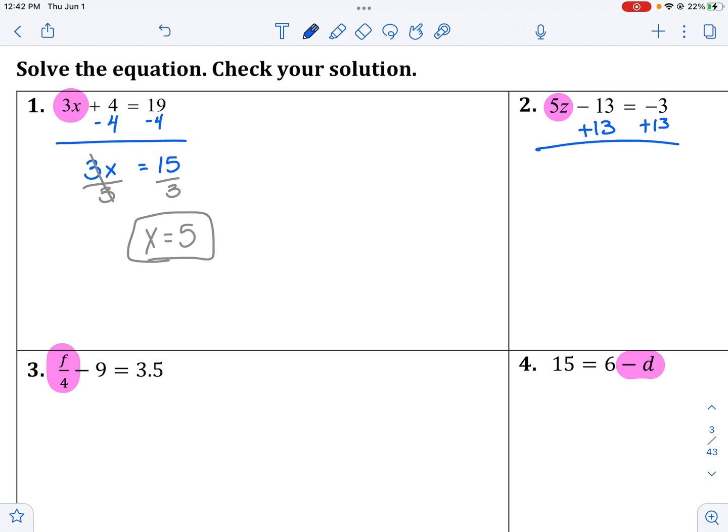A little mental math tip for you: negative 3 plus 13 is kind of hard to do in my head, but I can do 13 minus 3 much more easily. So I can rearrange this in my mind and take that as a positive 13 minus 3, which is 10. So 5z is 10, or if I divide, z would be 2.